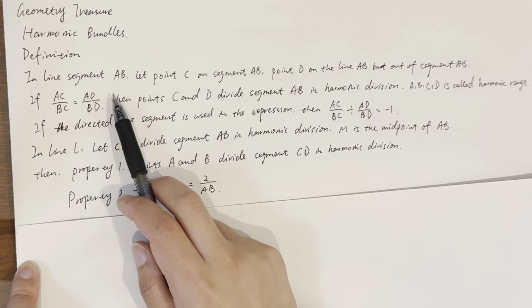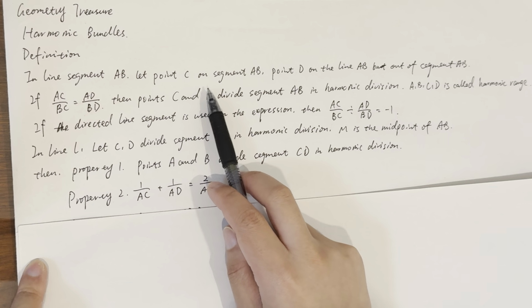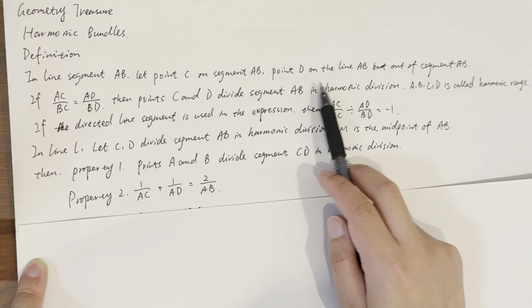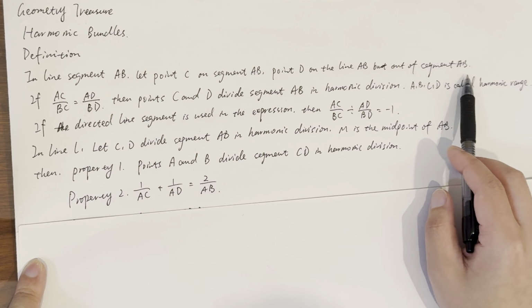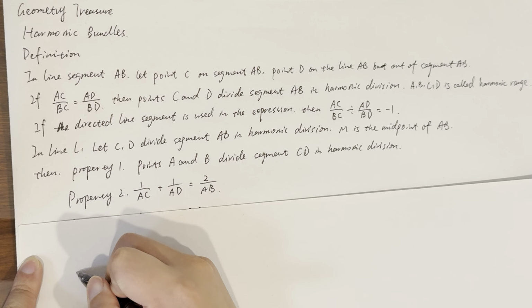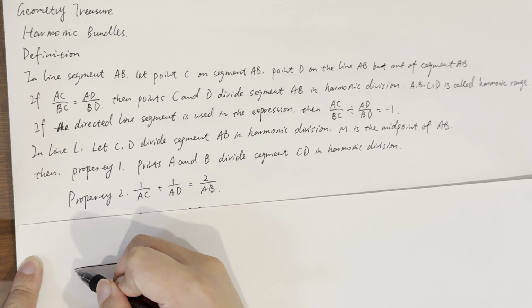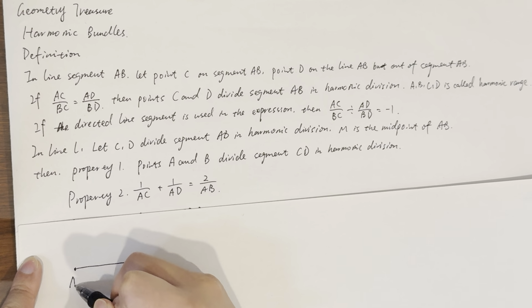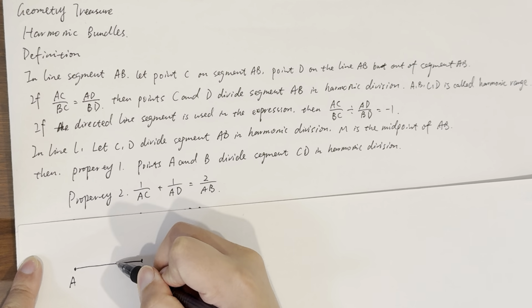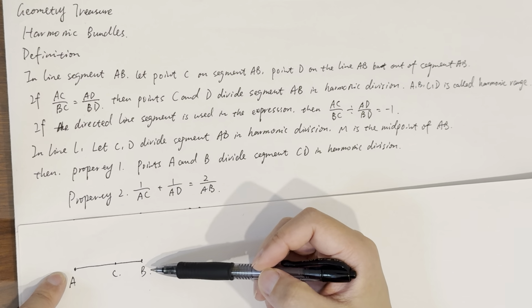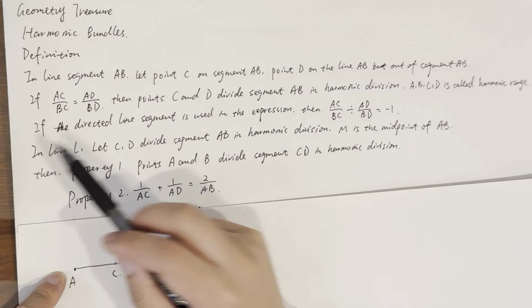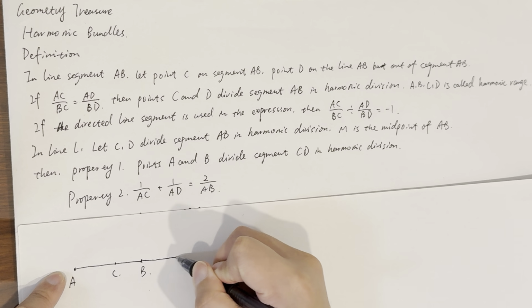In line segment AB, let point C be on segment AB, and point D on the line AB but outside the segment AB. Okay, so we have segment, let's call it AB. C is inside AB and D is outside AB, right?